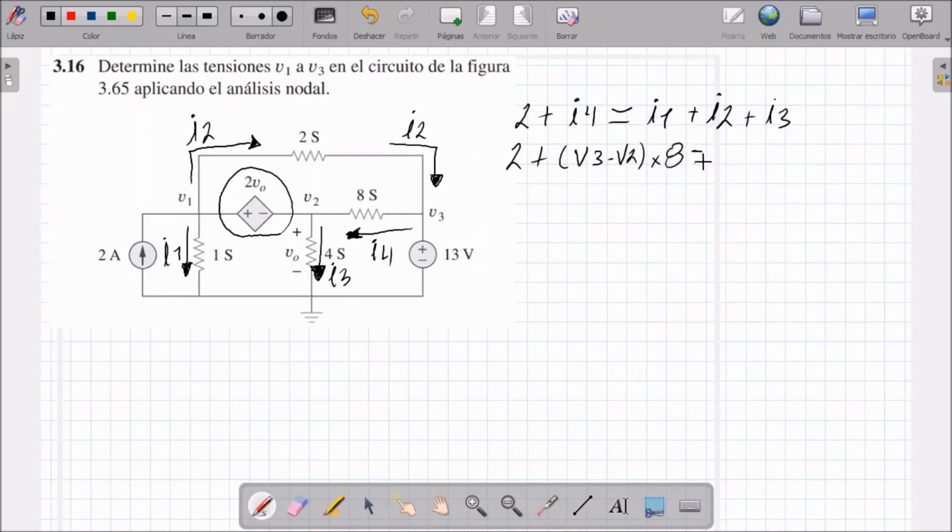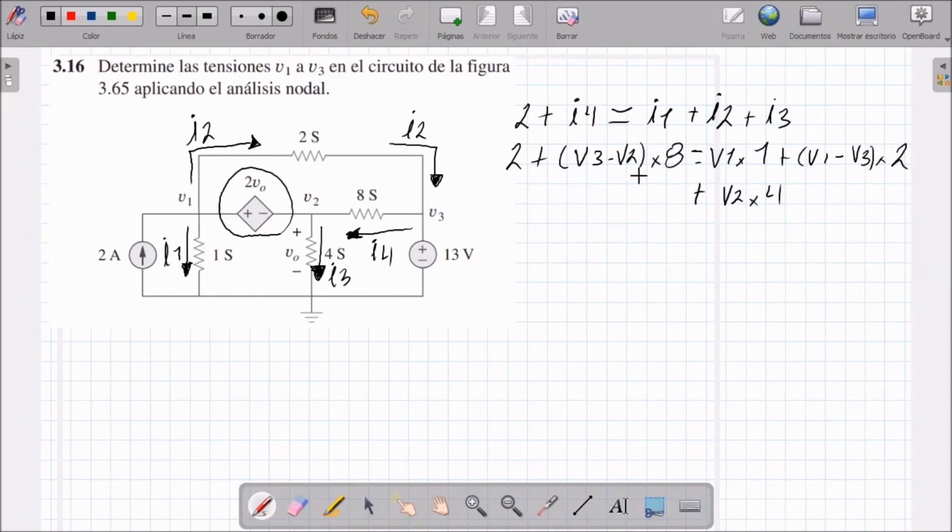All this will be equal to the current I1, but the current I1 is the one that comes from here, which would be V1 times 1, plus the current I2, the one that comes from here, which would be V1 minus V3 times 2, which would be the conductance, plus the current I3, which would be the one that comes here, V2 times 4.